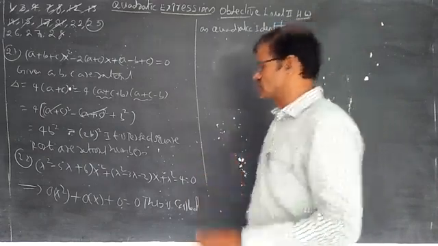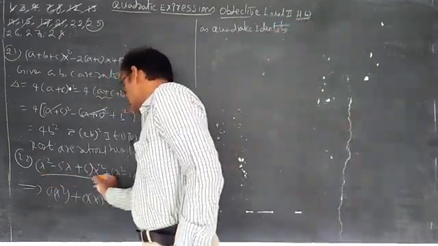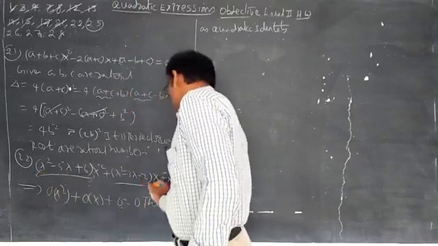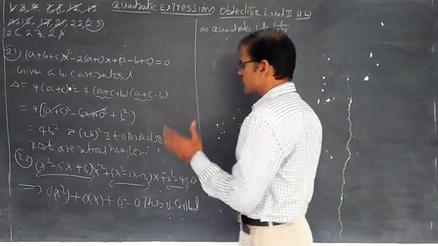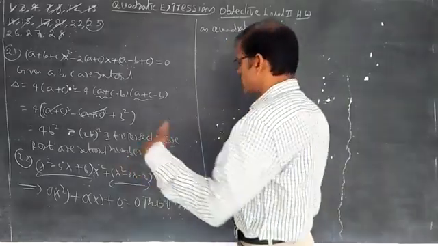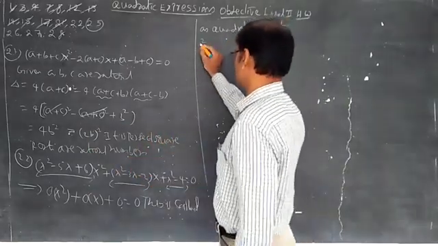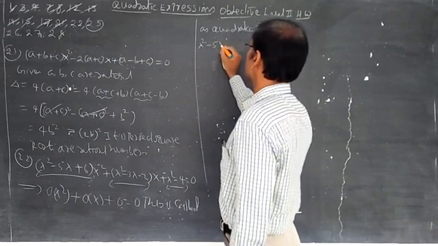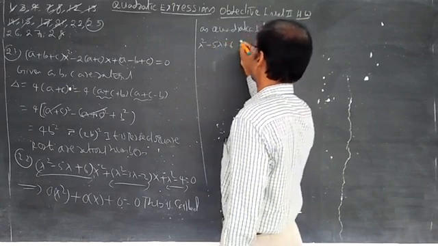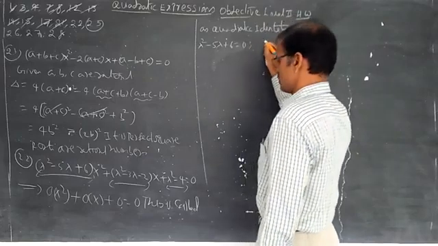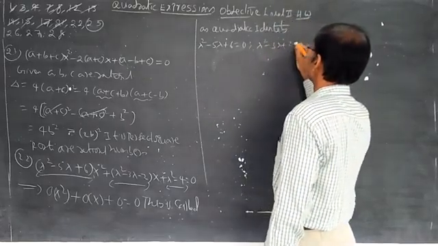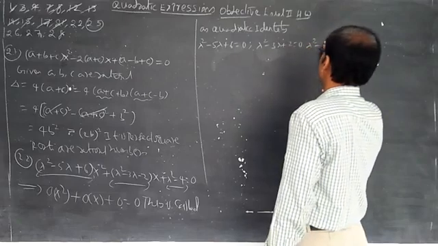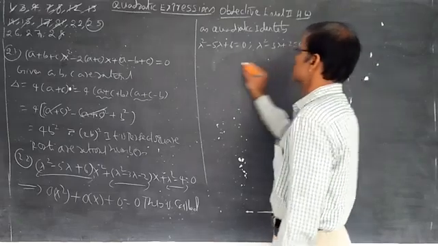Then this should become 0, this should become 0, and this should become 0. Every coefficient should equate to 0. That implies lambda square minus 5 lambda plus 6 equal to 0, lambda square minus 3 lambda plus 2 equal to 0, lambda square minus 4 equal to 0.